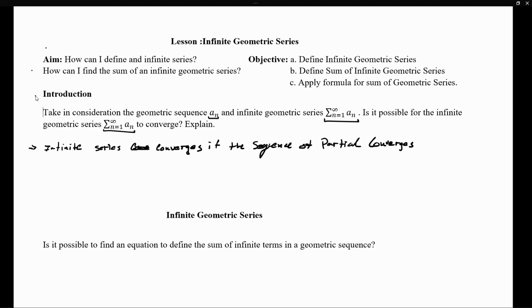In other words, if we would align the first partial sum, the second partial sum, the third, the fourth, the fifth, the sixth partial sum, and so on, and we just list them in a sequence, if we see that the sequence is converging, then we can say that the infinite series is converging.